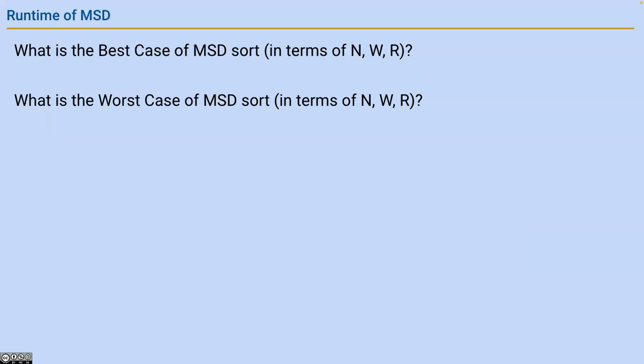Okay, I'm ready. So what would be a best case input where MSD radix sorts super fast?